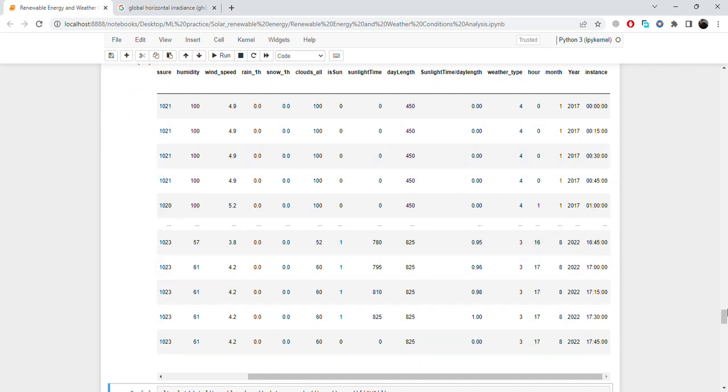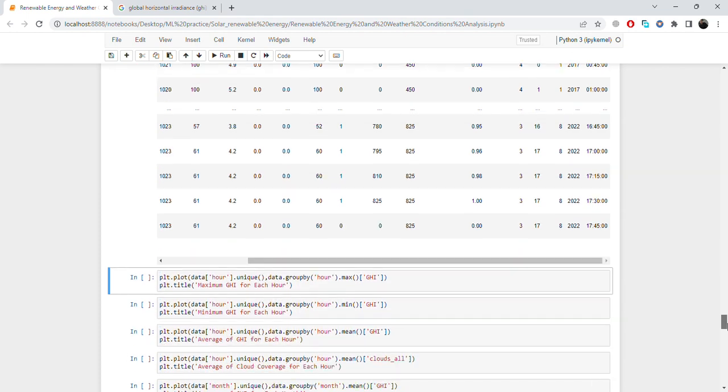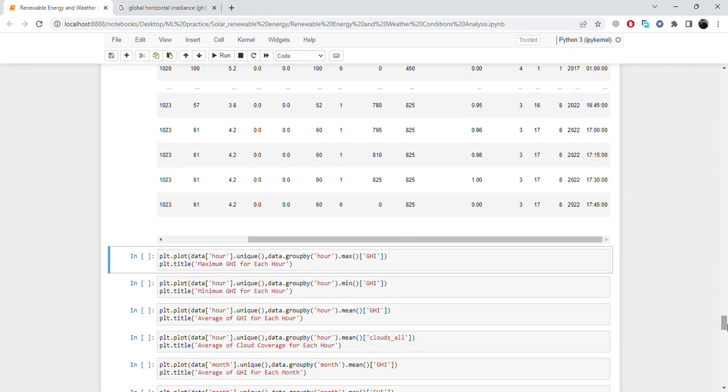If you don't summarize it, it won't give you the best result. So this will give you the unique values of the column hour. What will our unique values be? 1 to 24.